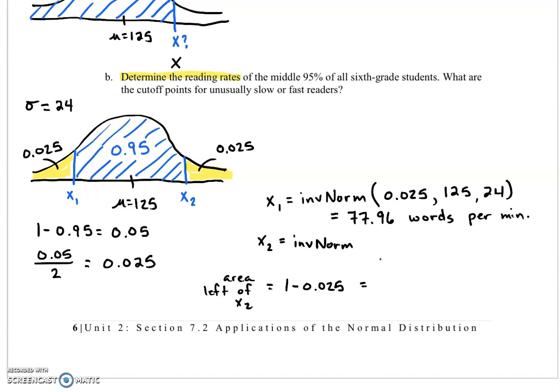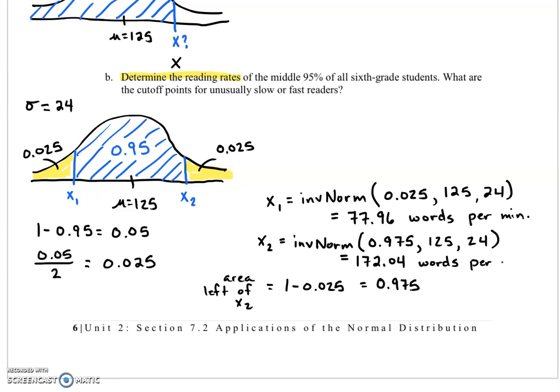So that is 0.975. So 0.975 goes in for area, 125 for mean, 24 for standard deviation, and when we plug that in, we get 172.04 words per minute.